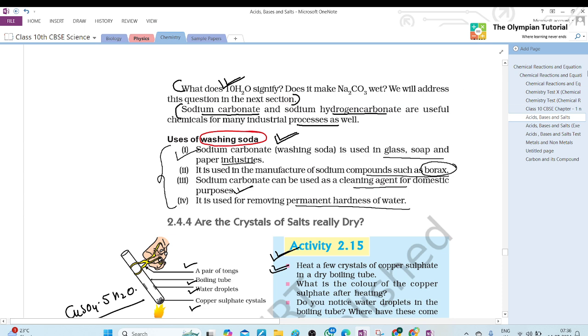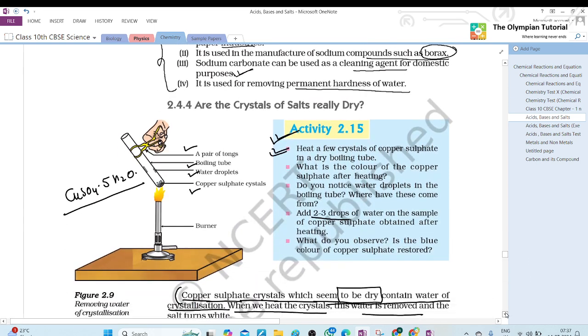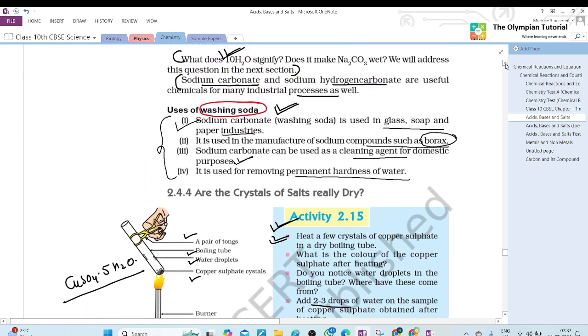Okay, students, are you highlighting in your textbook? Ma'am, I have a doubt. Yes. Ma'am, here it is written that it is used for removing permanent hardness of water. And what does that mean? Hardness of water.